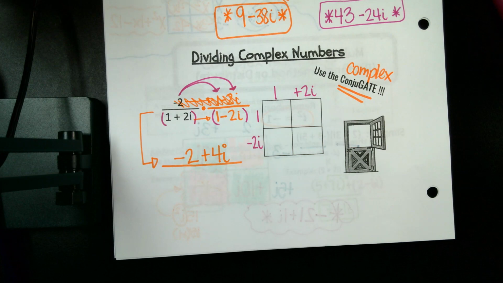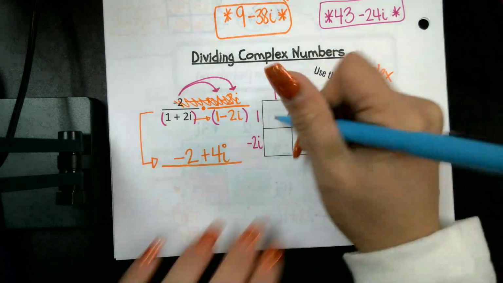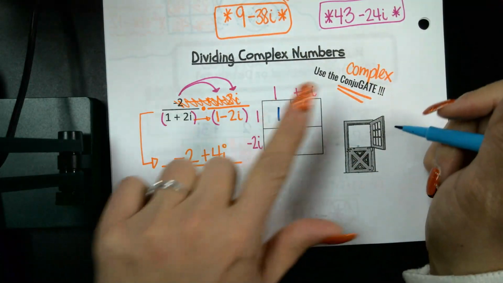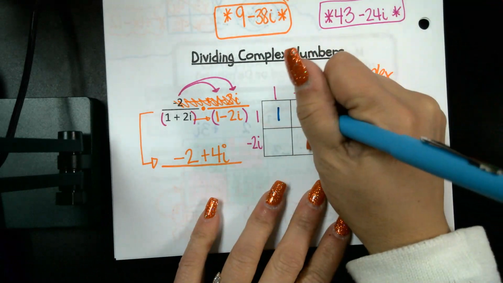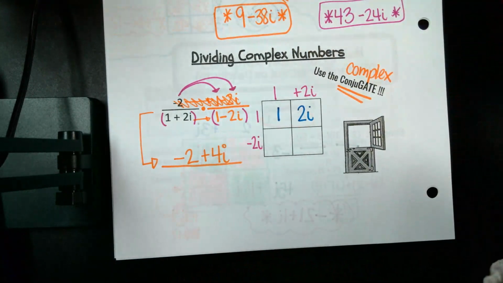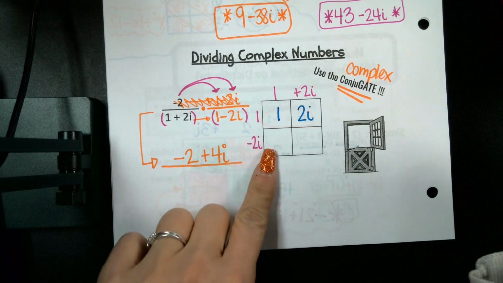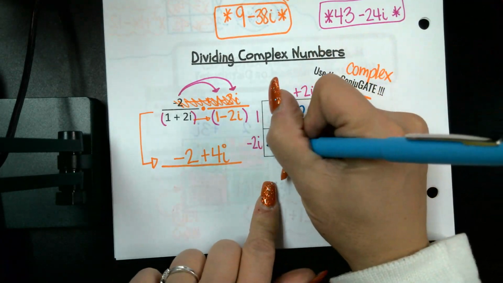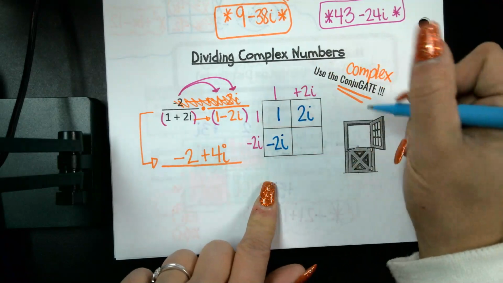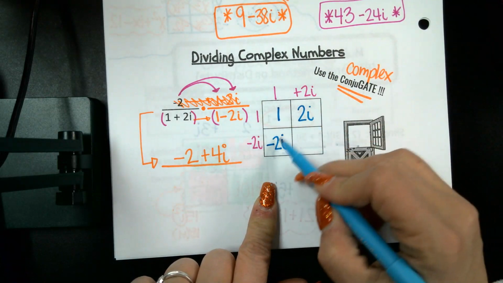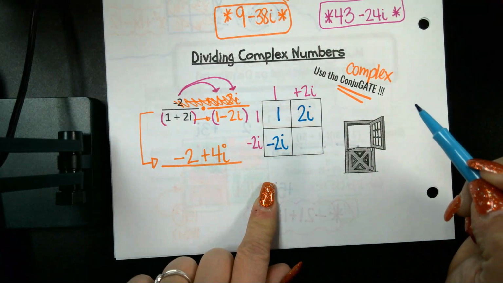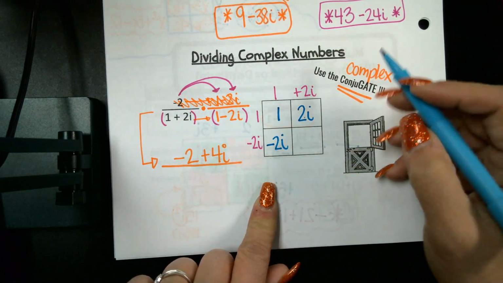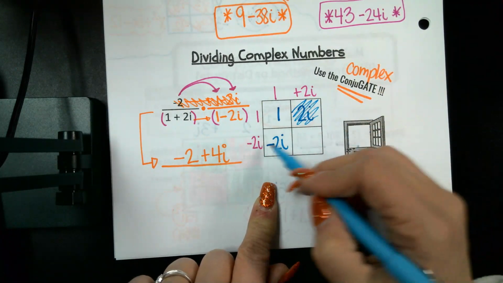Okay, 1 times 1, 1. 1 times 2i, 2i. Now look what's going to happen down here. Negative 2i times 1, negative 2i. And look, what do those two do? If you have a positive and a negative, won't they cancel each other out?